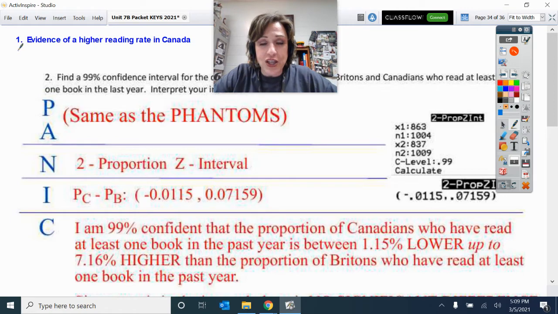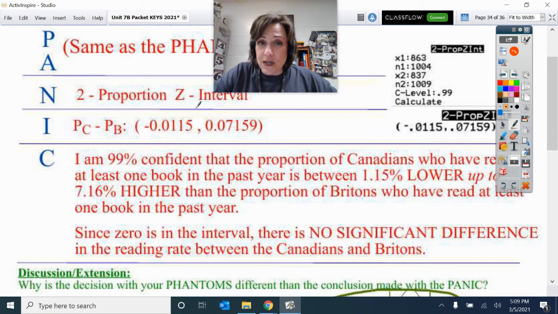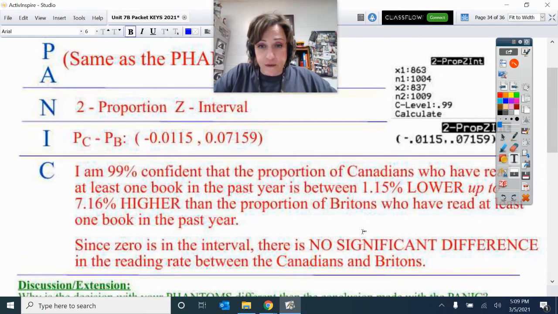That is not the conclusion we made on the previous hypothesis test, where we said evidence of a higher reading rate in Canada. With 0 in that interval, there was not evidence of a significant difference.